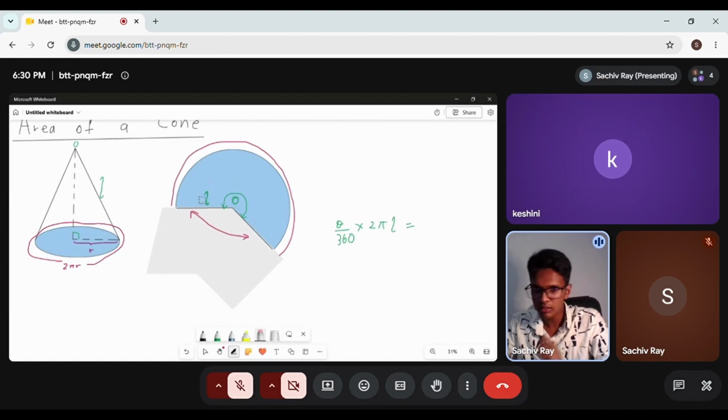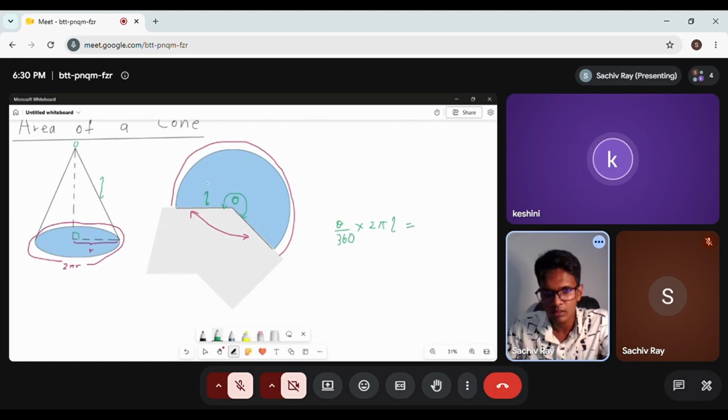Now here, what is the radius in this sector? L, right? Theta is unknown. We don't know theta, right?